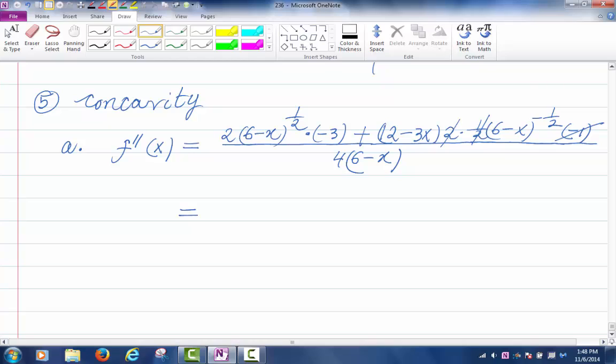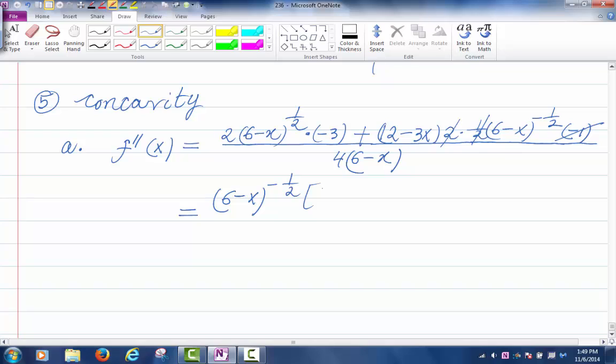And now notice that all I need to factor out is (6 minus x) to the negative half, the same thing that I did before.